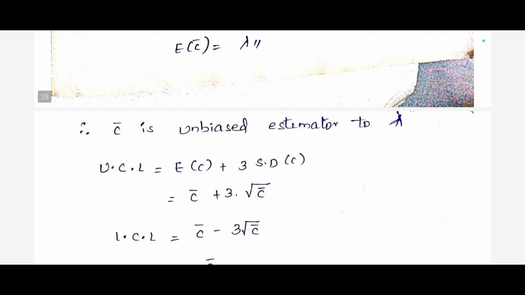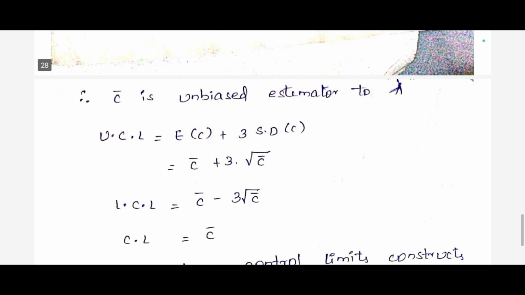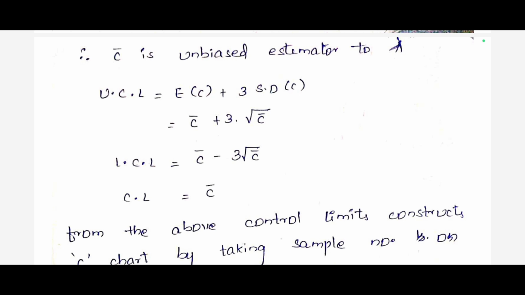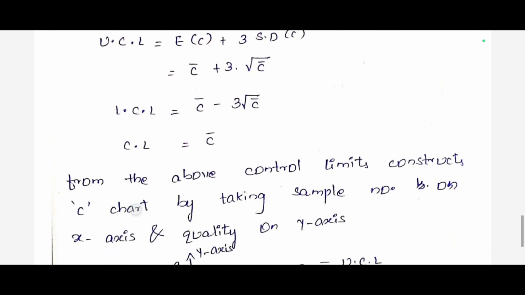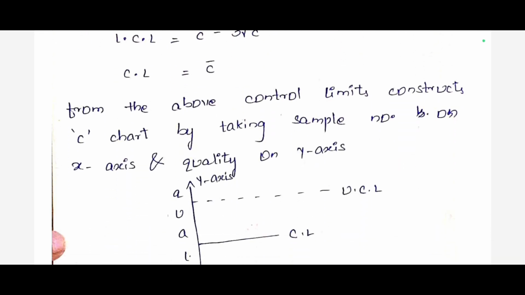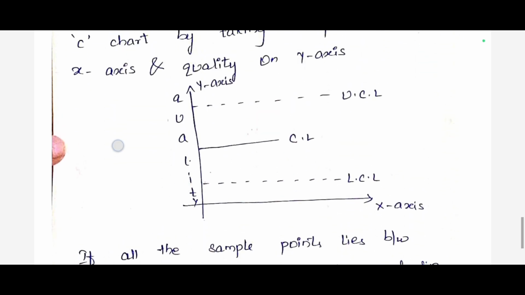So UCL is C bar plus 3 into under root of C bar, LCL is C bar minus 3 into under root of C bar, and CL is equal to C bar. From the above control limits, construct the C chart by taking the sample numbers on the x-axis and the quality on the y-axis. Then you will get the graph.